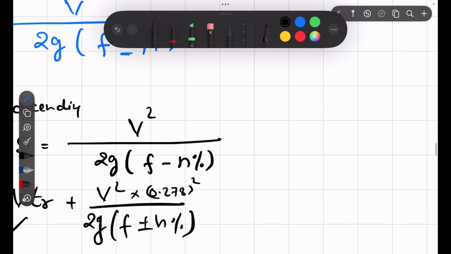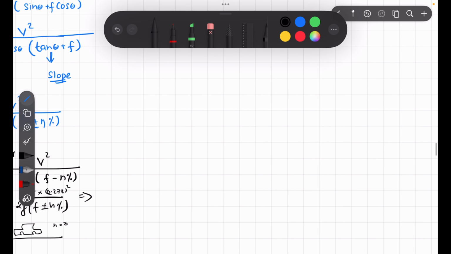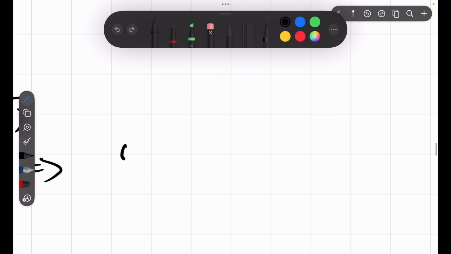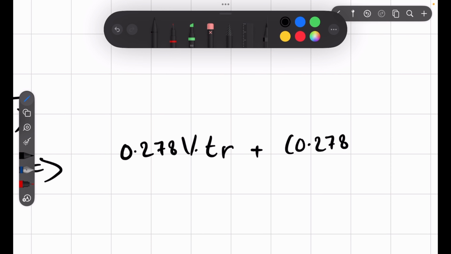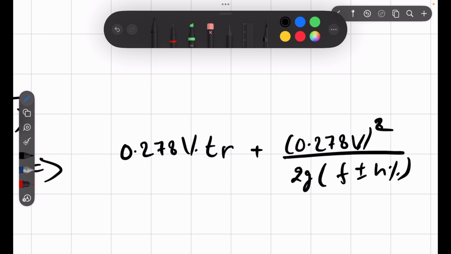Okay, so I'll just rewrite the formula finally. The formula is 0.278 v into tr plus (0.278 v) whole square divided by 2g (f plus or minus n percentage). When we are writing 0.278 v, this means the value of v we will keep in kilometer per hour.